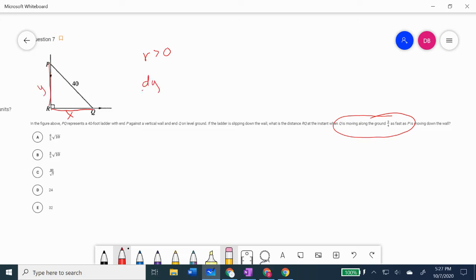And y is changing at a rate -r. x is changing at a rate that is 3/4 r. Now we are supposed to figure out what the distance RQ is, so we are trying to solve for x.